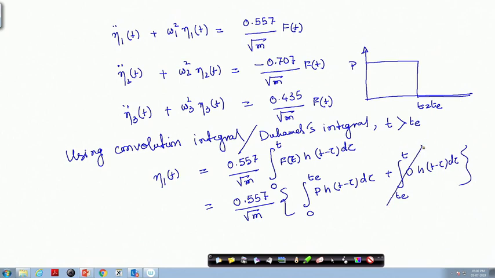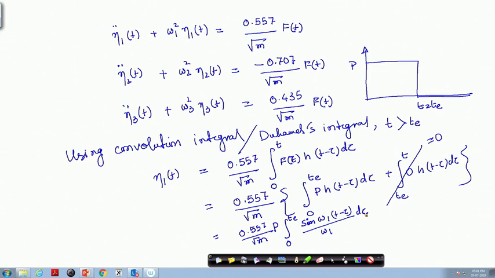So, this goes to 0 because this is 0. So, I have 0.557 by root over m into p into the integral of 0 to t e of h t minus tau, which for an undamped case is sin omega 1 (t minus tau) by omega 1, d tau, right.